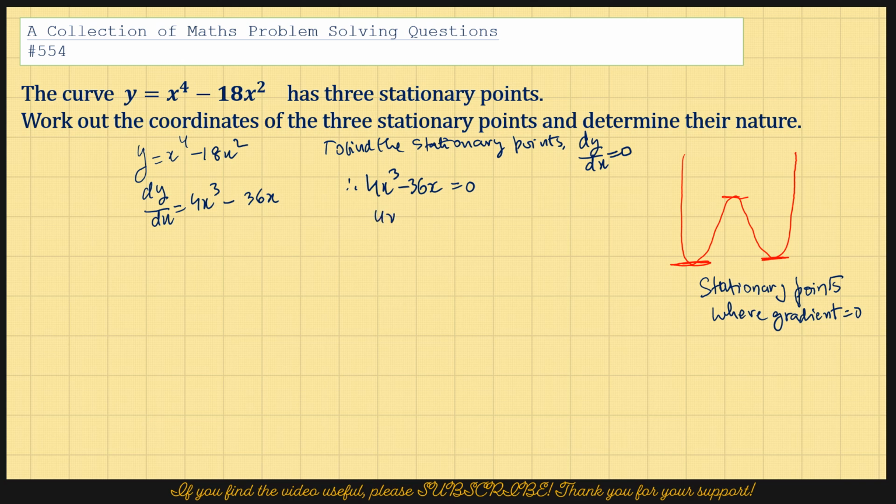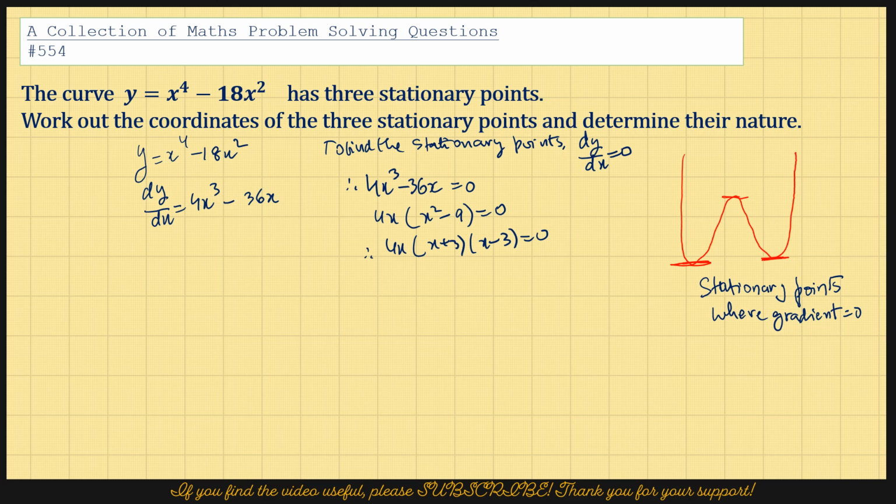So if you do 4x times x squared minus 9 equals 0, or 4x times (x plus 3) times (x minus 3) equals 0.